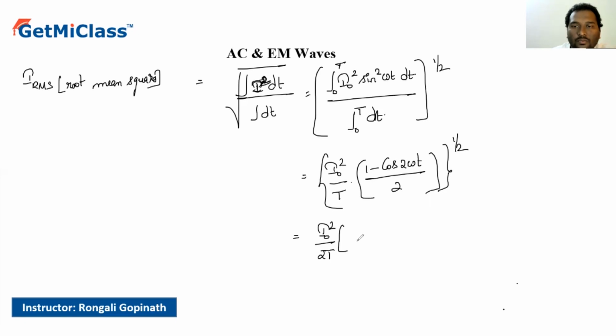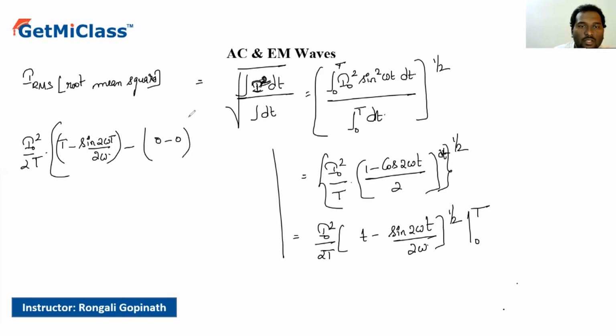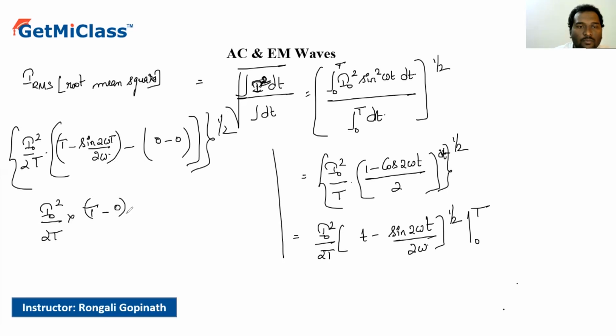That is I naught square by 2T into, there is a dt here. In the numerator, it becomes t minus sine 2 omega t by 2 omega, whole power half, where limits of integration are from 0 to capital T. Simplifying it further, we have I naught square by 2T into T minus sine 2 omega capital T by 2 omega, minus substituting 0, it is 0 minus 0, whole power half, which is nothing but I naught square by 2T into T minus 0 minus 0, whole power half.